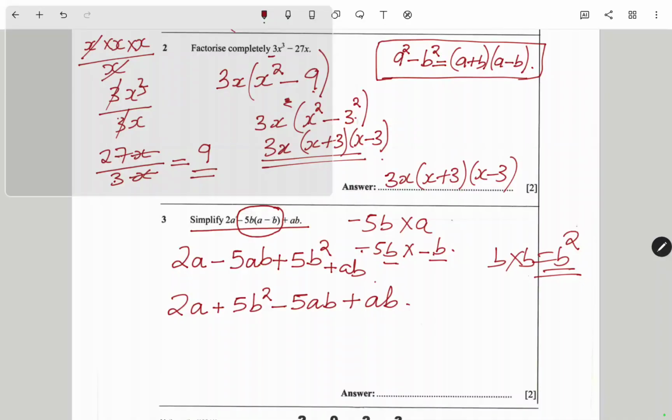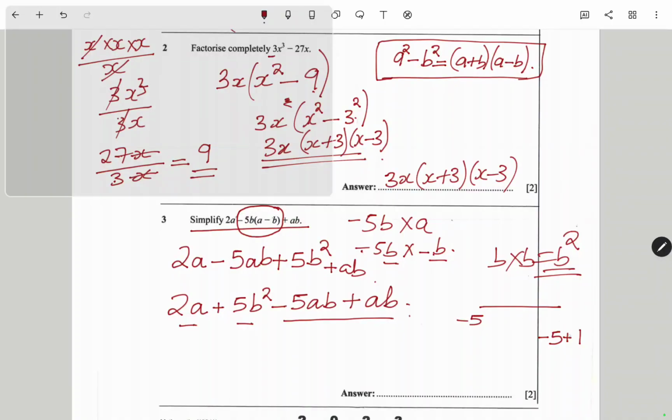Now, when you look at this and this, they are not like terms. The only like terms we have are these ones here. So this one should not confuse you. It's like, what is negative 5 plus 1? If you have negative 5 plus 1, what it simply means is you go 5 steps to the negative.